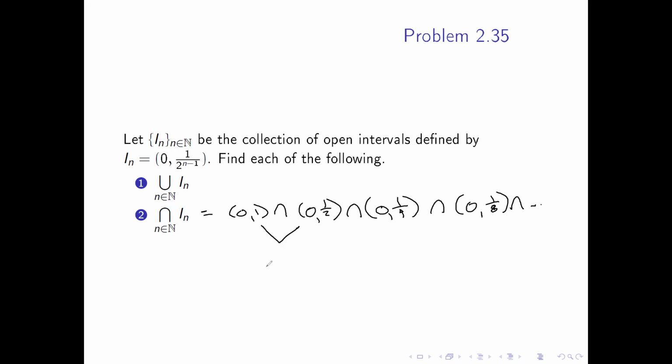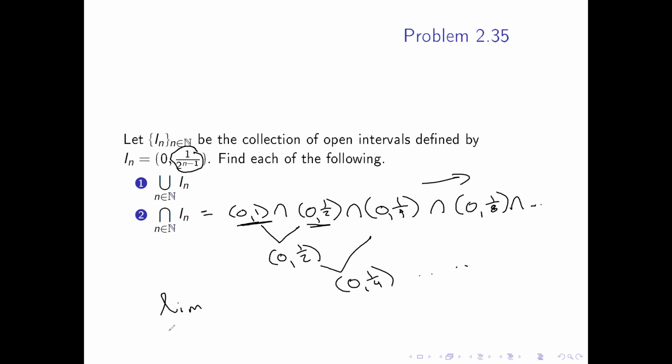For these two, since this is inside of this one, the intersection is [0, 1/2]. Now what's the intersection of these two? It's going to be [0, 1/4], because [0, 1/4] is inside of [0, 1/2]. If we keep going, all of these are going to be whatever is down this far end. But this keeps getting smaller, so this number is getting closer.